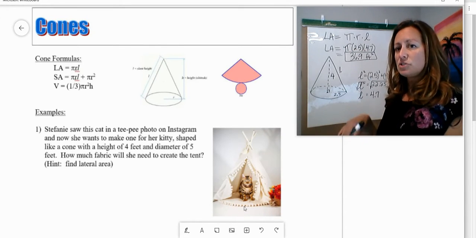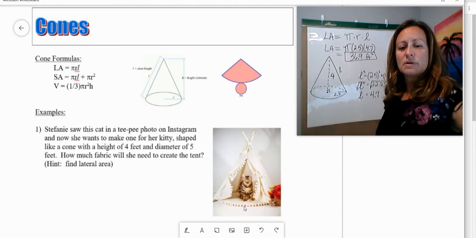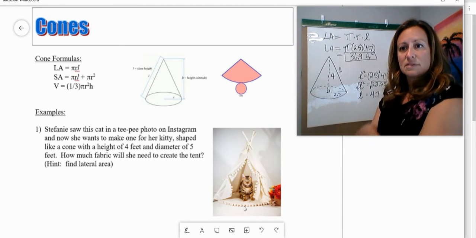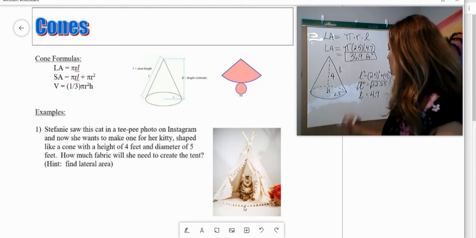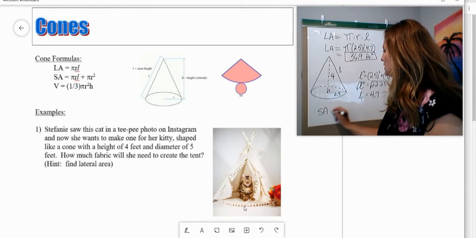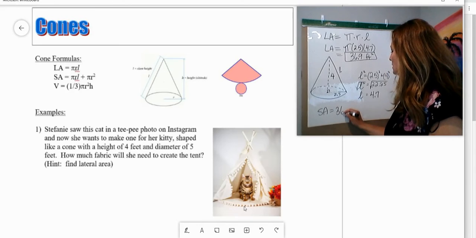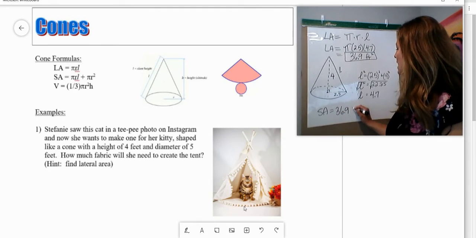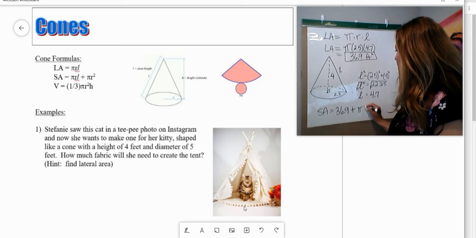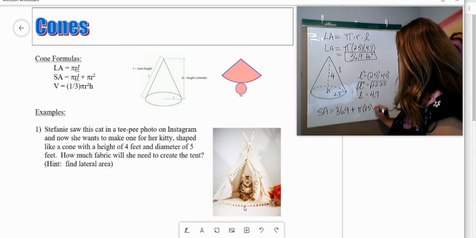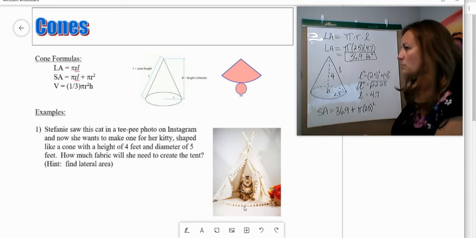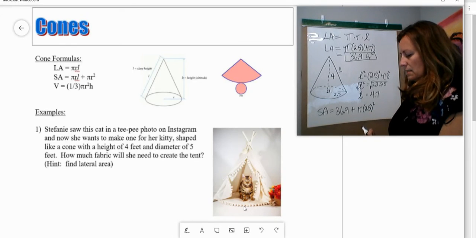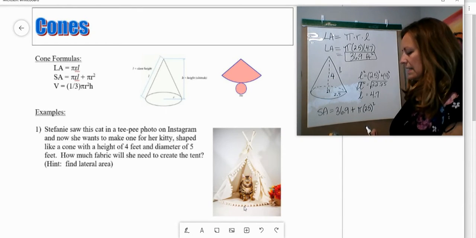Now, if she also wanted to order fabric or buy fabric for the bottom of the tent, we would add to that the area of the circle. So that would be surface area. It's going to start with 36.9, the lateral area, and add pi times radius squared. Okay, so 2.5 squared times pi is 19.63.